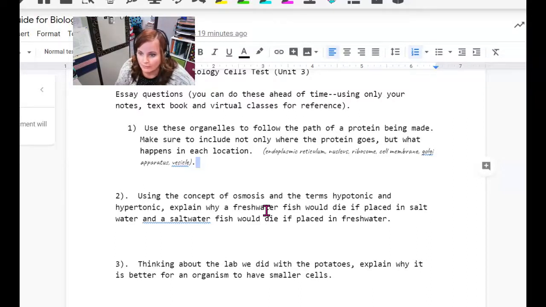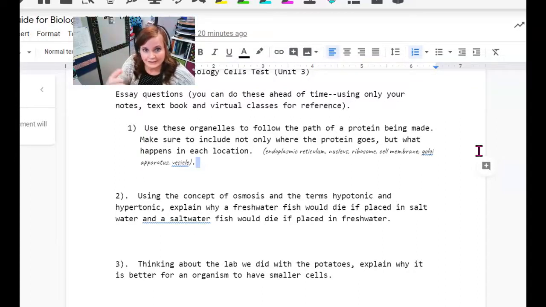So the first question says use the organelles to follow the path of a protein being made. Make sure to include not only where the protein goes, but what happens in each location. So just like the organs in your body, you can follow the blood as it moves throughout the cardiovascular system as it leaves the heart, and through the different vessels to the lungs and back to the heart and through different vessels.